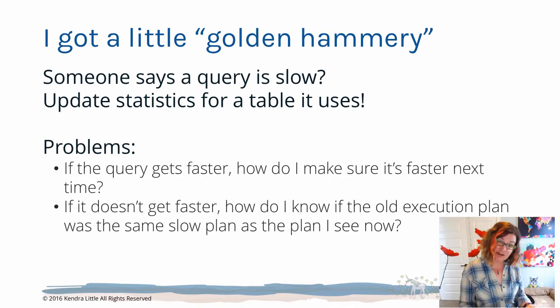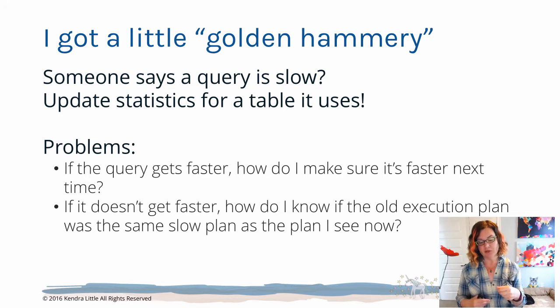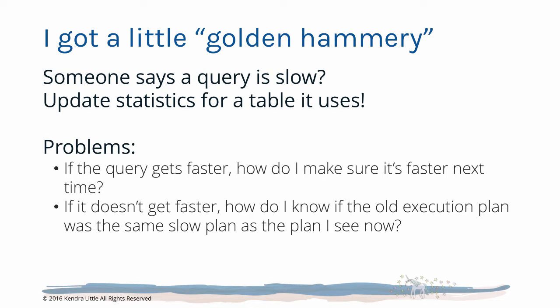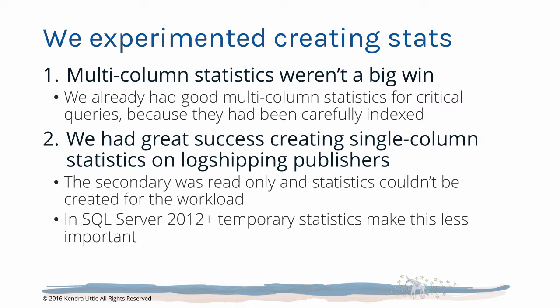Is it different? By updating statistics, I am changing things. So I never want to just go in. What I learned by doing this wrong is that you need to really figure out and grab that execution plan that is for the slow query and make sure you have all the information you need before you start taking your golden hammer and bashing things, because you are changing things every time you update stats.